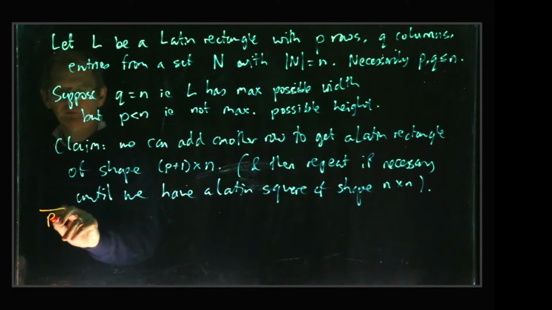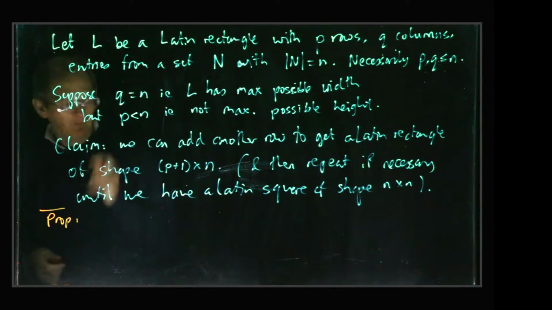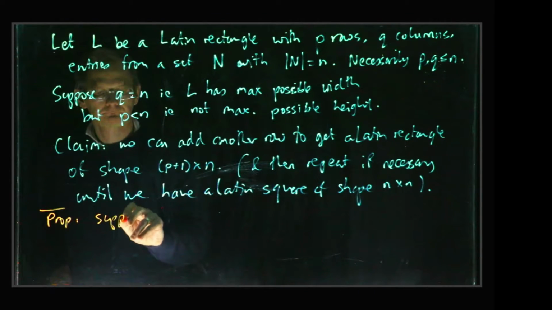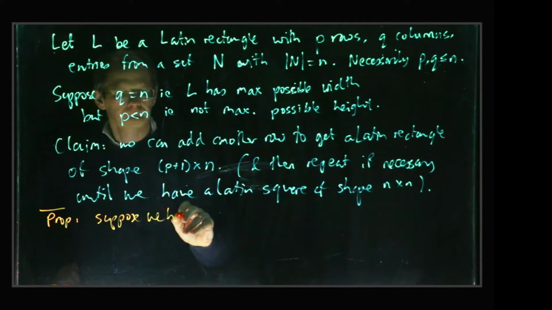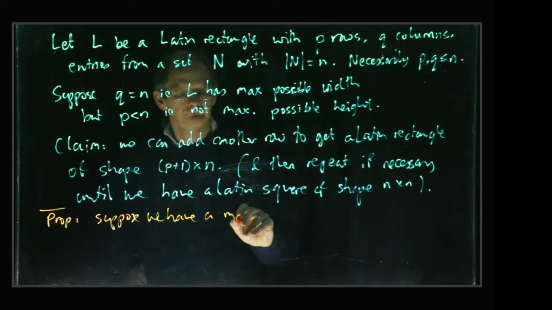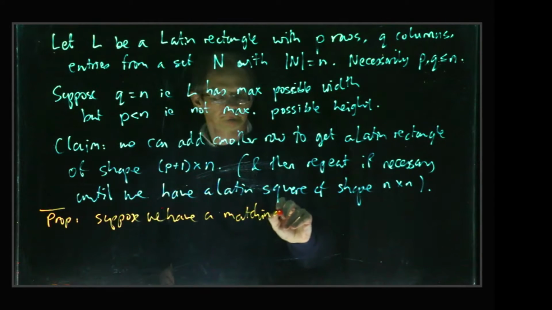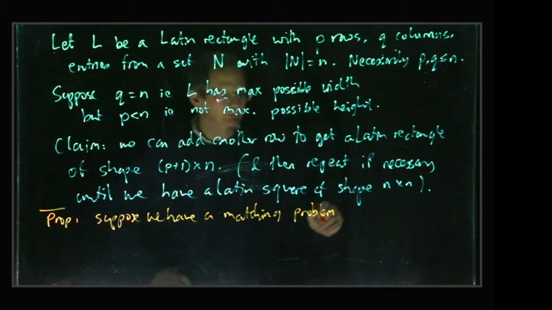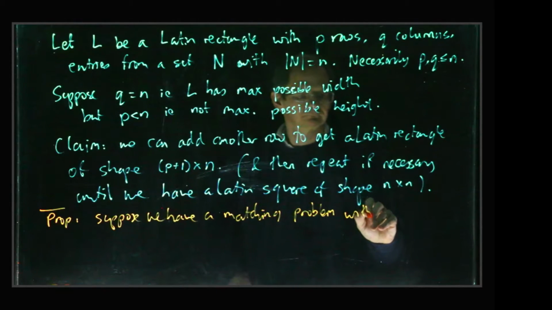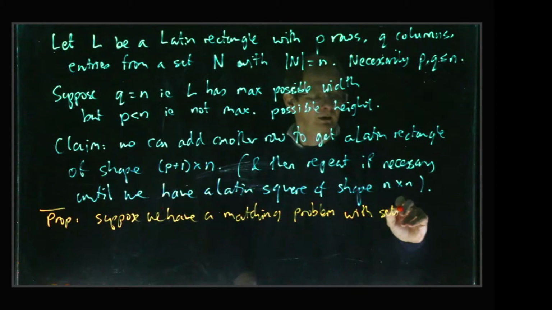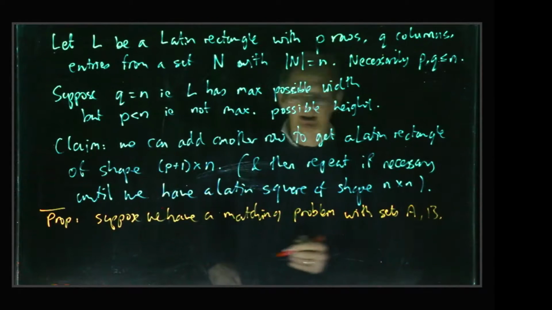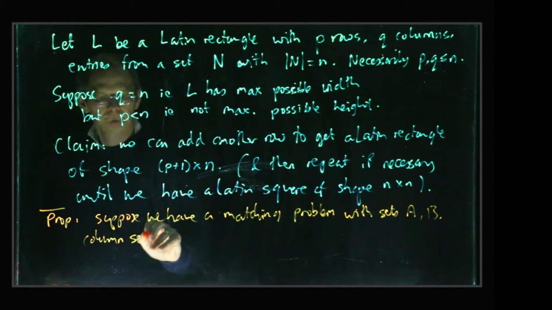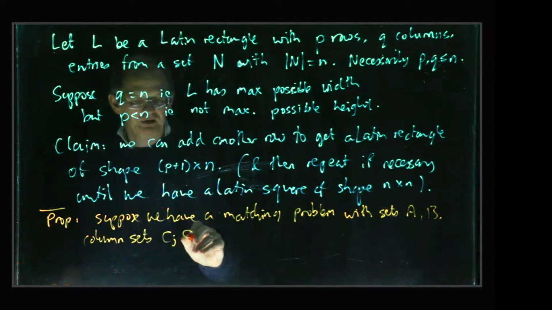So we had this proposition. Suppose we have a matching problem, sets A and B and column sets Cj.